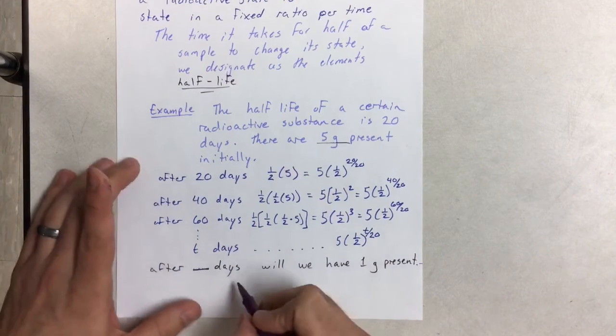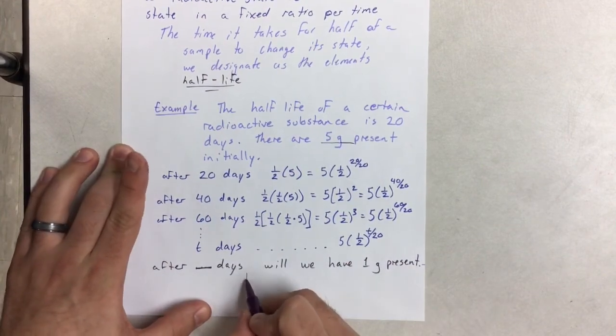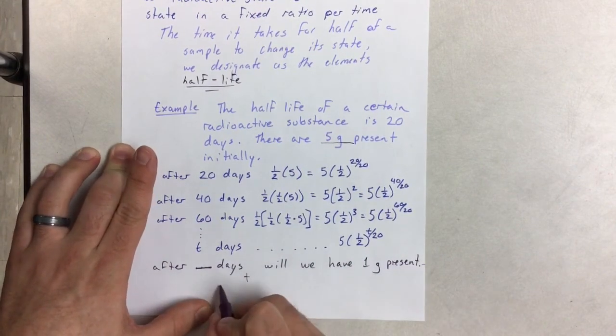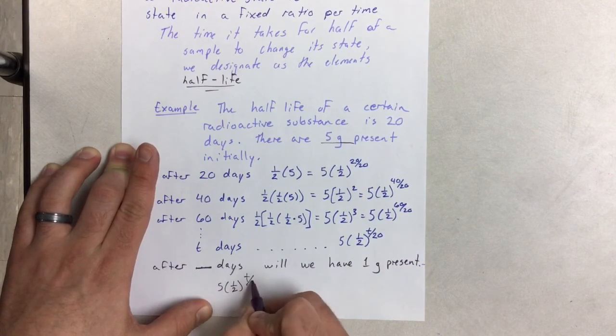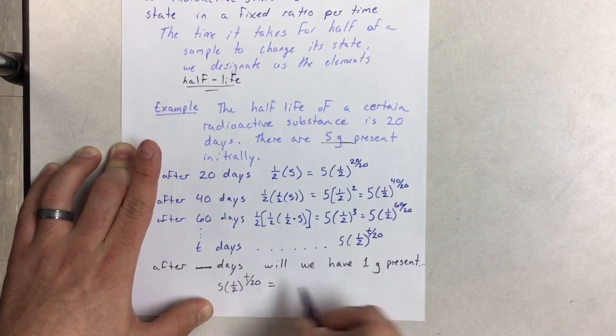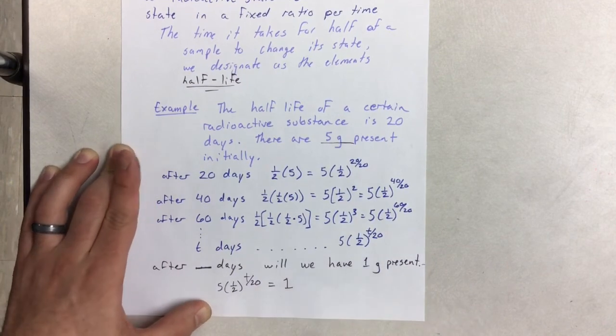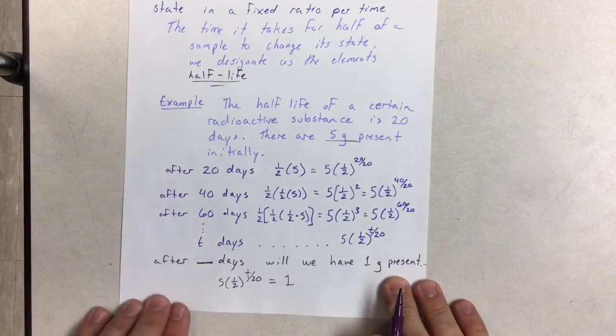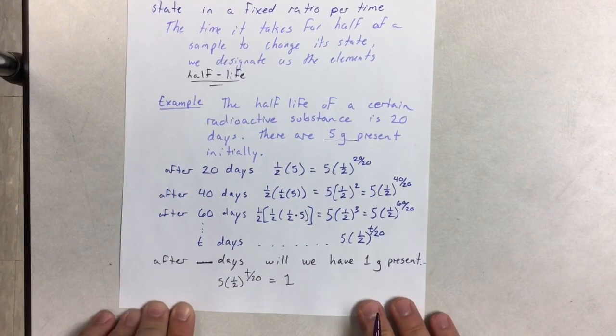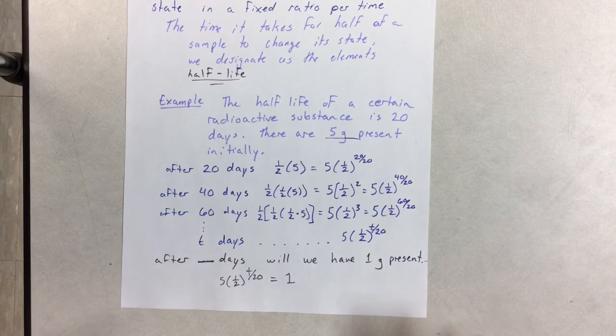So we know we're setting our function, 5 multiplied by 1/2 raised to the power of t divided by 20. We're setting this equal to 1. And we examine this, and really not being familiar with the algebraic methods, possibly, we can again use a graphing device to help us here.